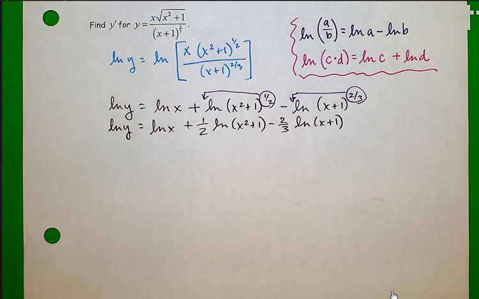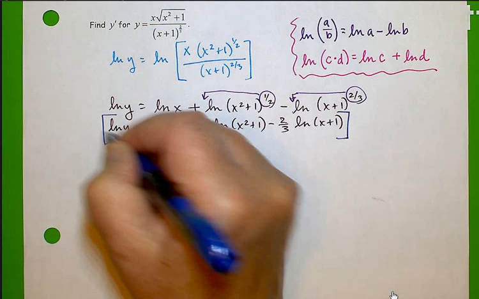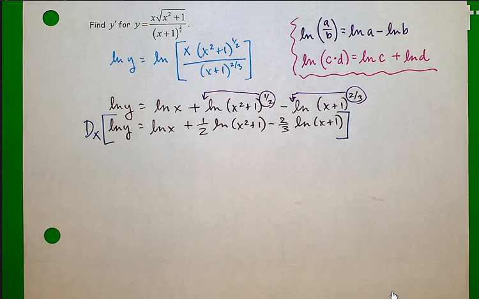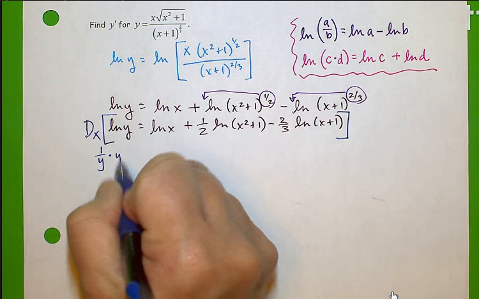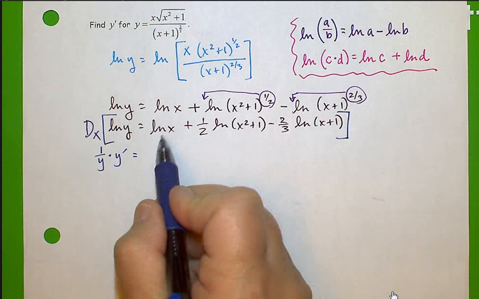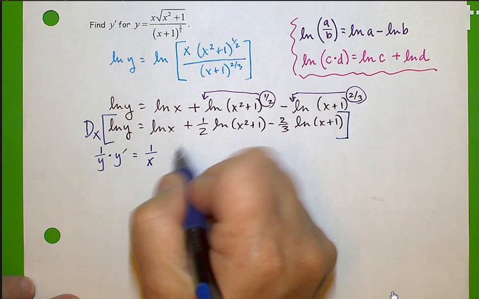Now, my next step in logarithmic differentiation is to take the derivative of both sides. I'm going to write it like that. That's the derivative of this whole thing. So let's do it. Derivative of the left, 1 over y times y prime. Derivative of natural log of x is just 1 over x. Plus, the constant in front comes along for the ride.